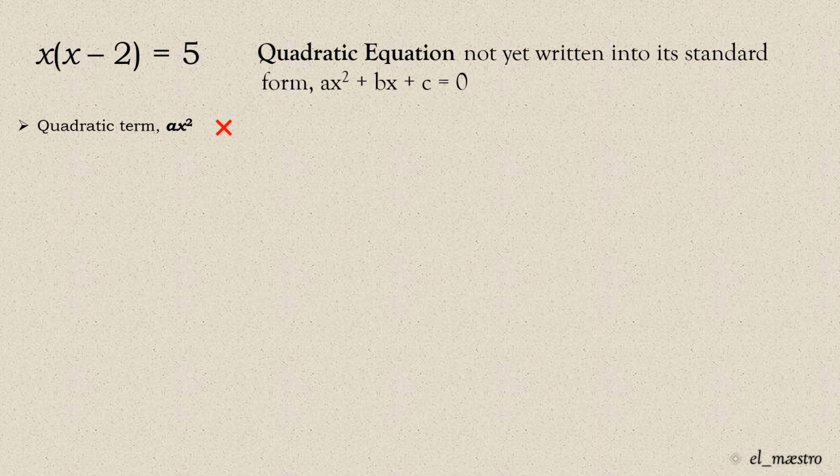Look at the equation. Compare it to our earlier example, 4x squared plus 8x minus 3. So there is no quadratic term.